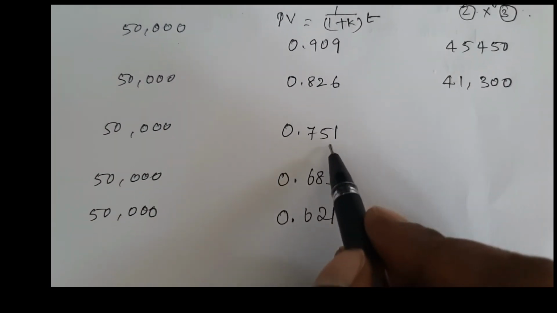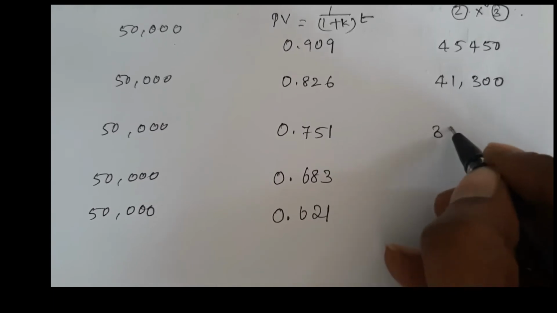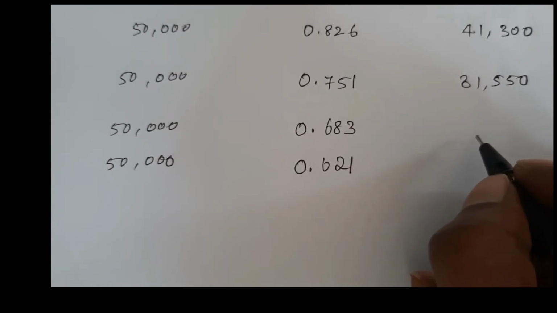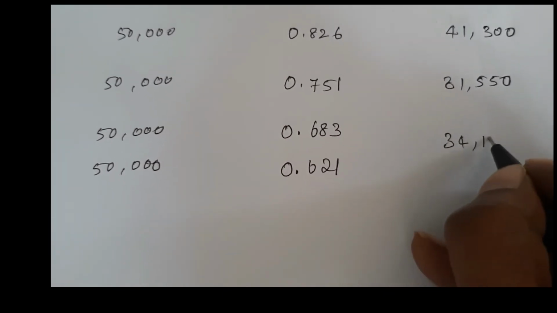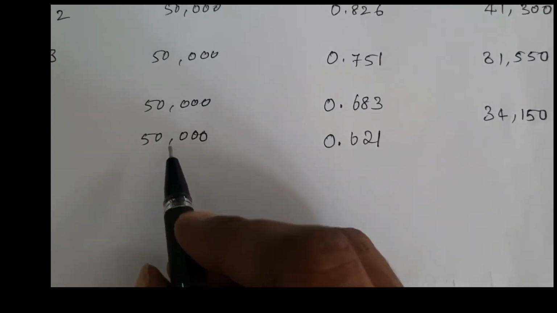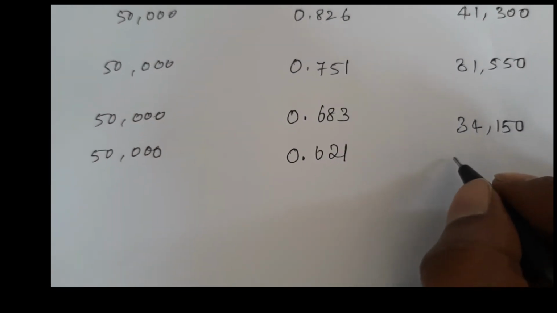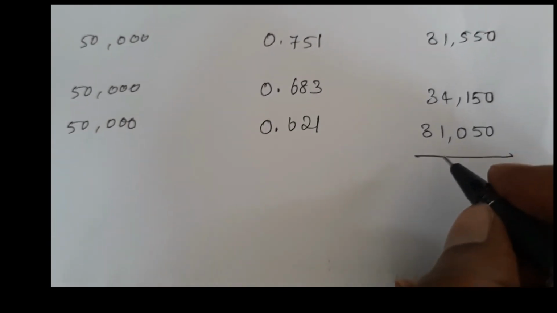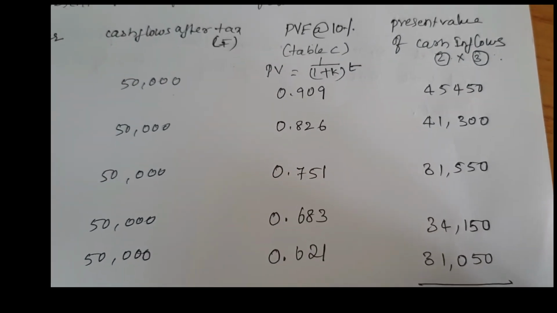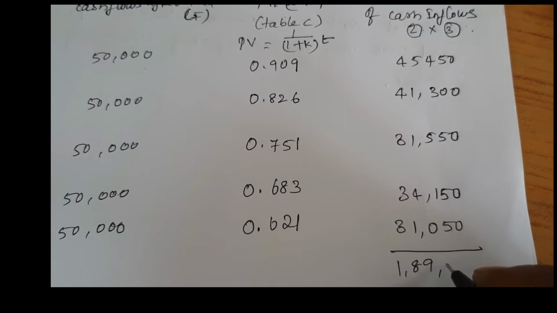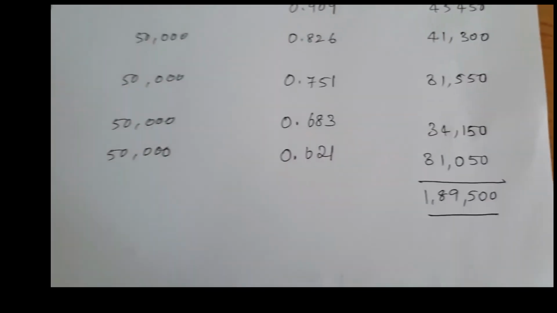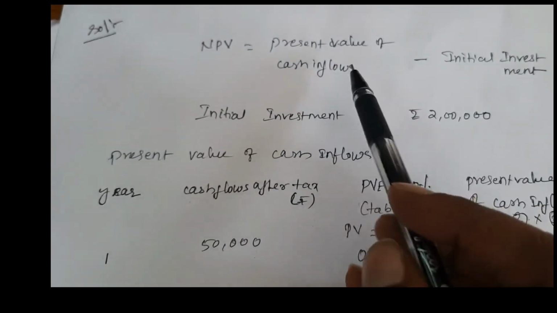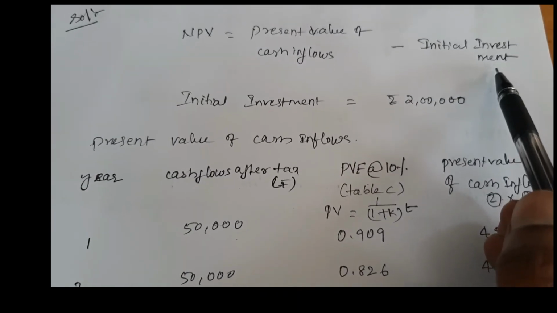Then 50,000 into 0.751, we get 37,550. Then fourth year 50,000 into 0.683, we get 34,150. Then fifth year 50,000 into 0.621, we get 31,050. Then we add all of the present values of cash inflows together. We will get 1,89,500.